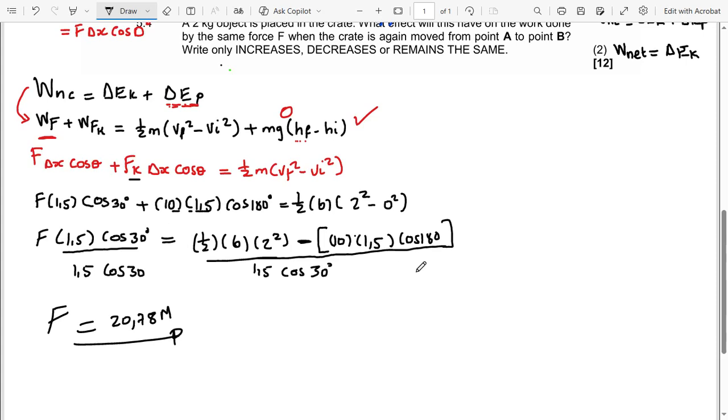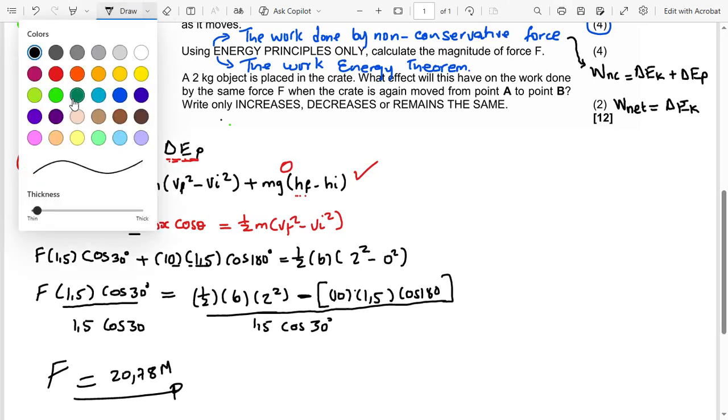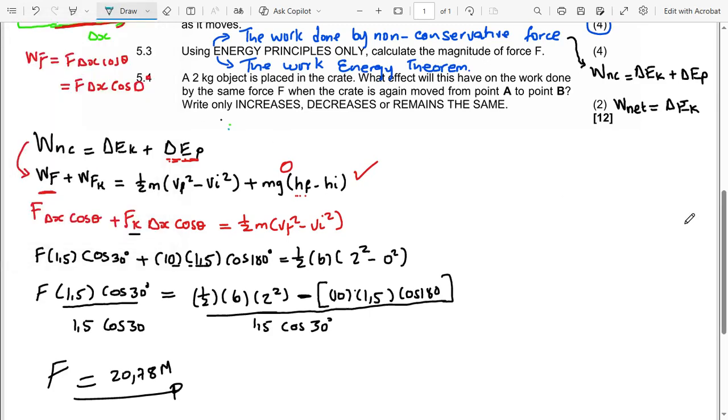Right, I'm going to work this using the net work done. This will be a very short one. So I think I can just put it on the other side, okay? So this was the work done by the non-conservative force. And another energy principle is the work done by the change in EK. So what is that equals to?